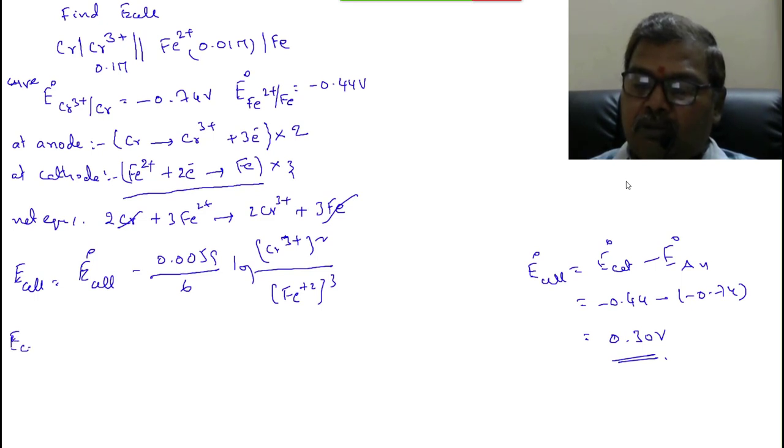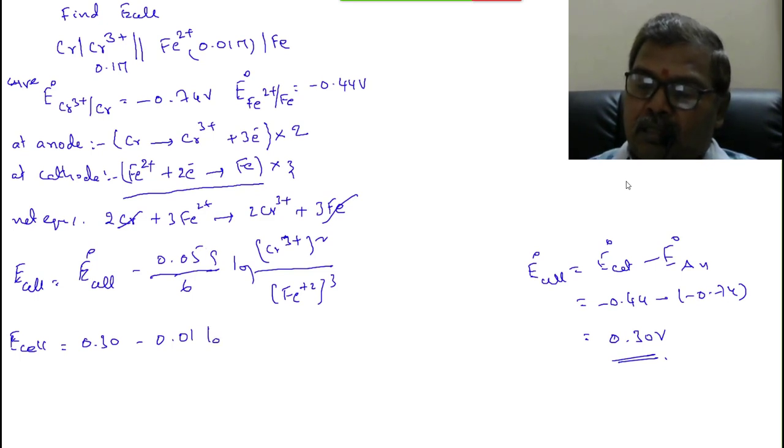Now you can substitute here: E cell equals E naught cell 0.30 volts minus 0.06, you can take approximately. Here you can take 0.06 by 6, so you approximate this as 0.01, right? 0.06 by 6 is how much? 0.01, is it not?